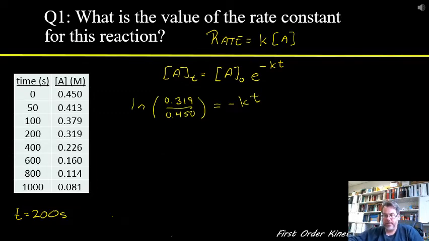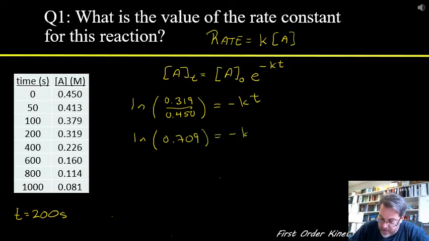All right, so I cleared a little bit of space. This is the same equation we had before. So the natural log of 0.319 divided by 0.45, if you put that in your calculator, you get the natural log of 0.709 equals negative kt.